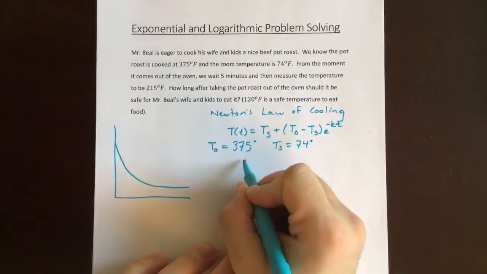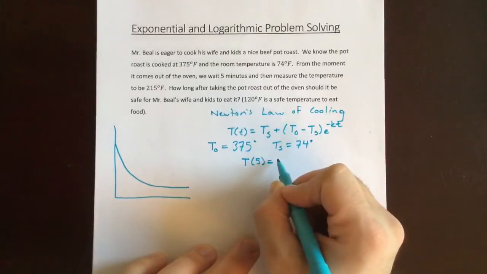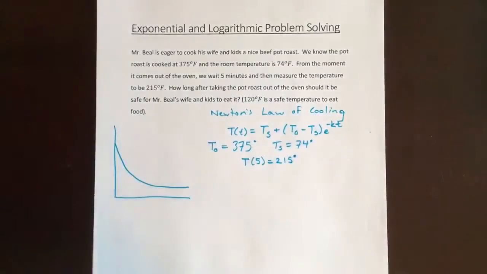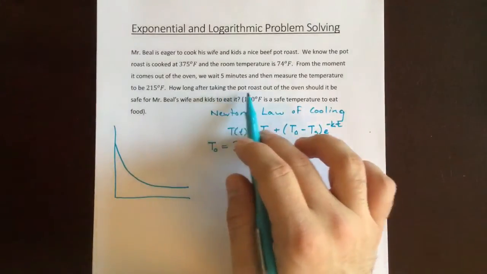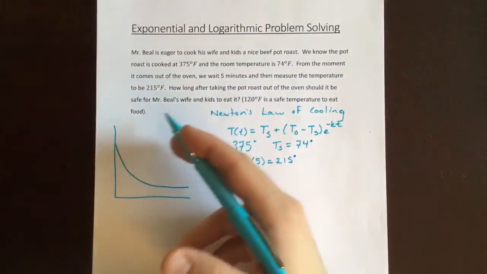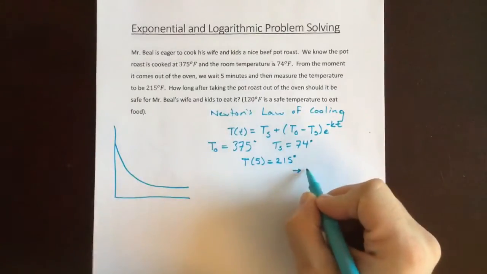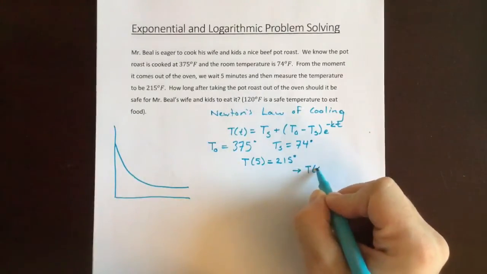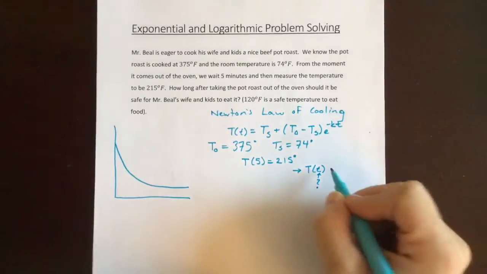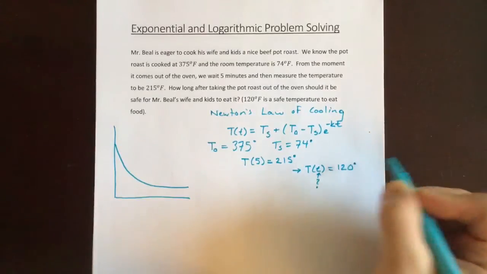So we could write this as: the temperature after 5 minutes is 215 degrees. How long after taking the pot roast out of the oven will it be safe to eat, or will it be 120 degrees? So our question here is, for what time will the pot roast reach 120 degrees?